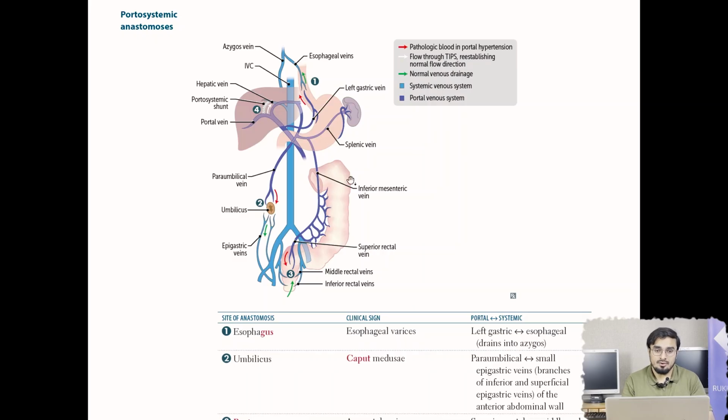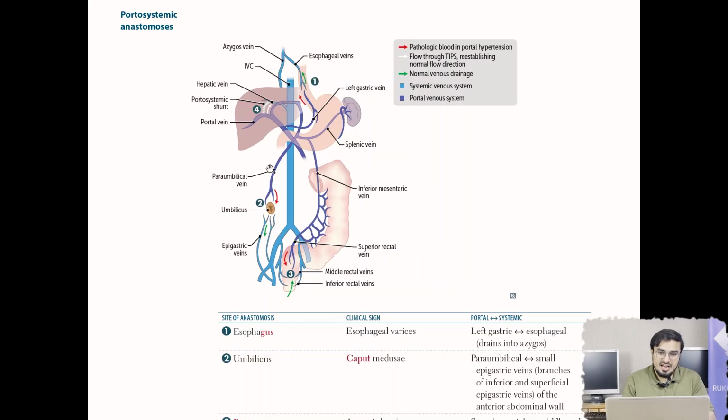If we talk about the esophagus area, the portal system here is formed by the left gastric vein right here on the lesser curvature of the stomach, and its counterpart is formed by the esophageal veins here that are part of the inferior vena cava drainage system.